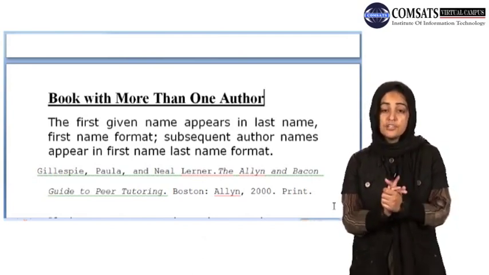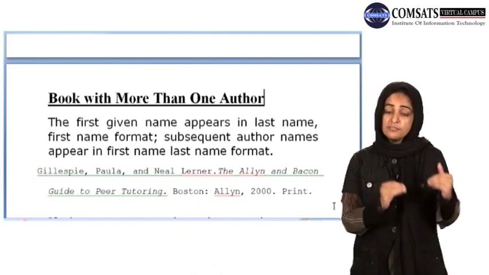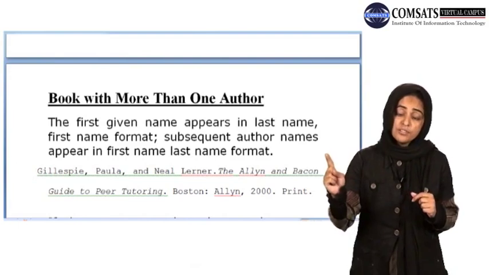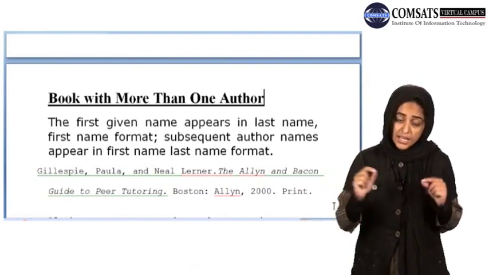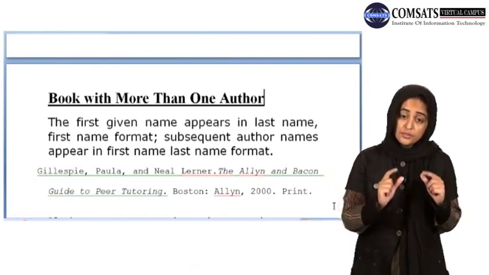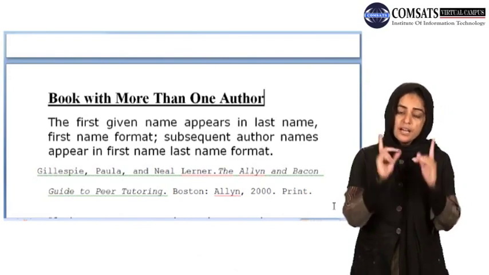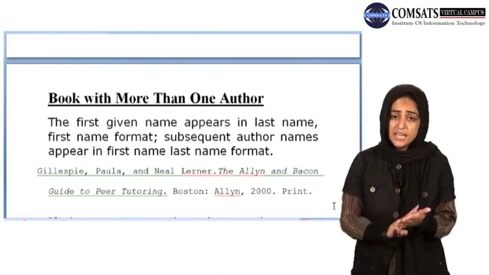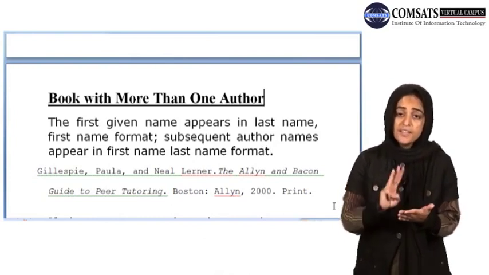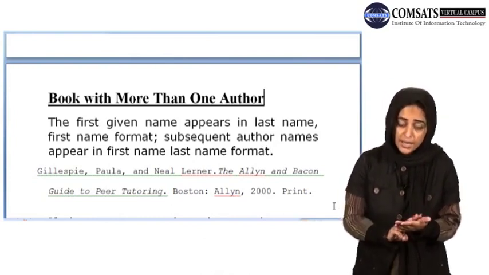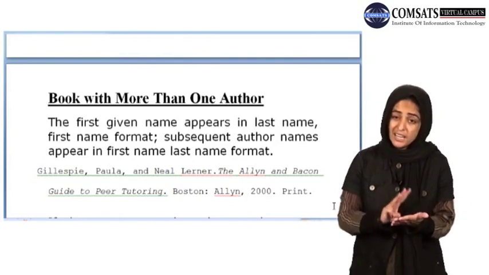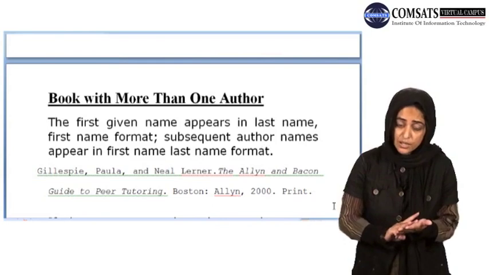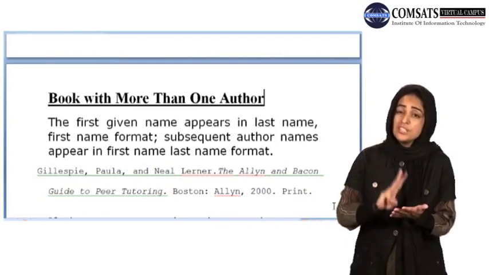That means if the first name on the title page of the book is Mr. A, here in the reference as well you will pick up Mr. A first. Again, I repeat, there are three writers, say Mr. A, Mr. B and Mr. C, where Mr. A is the first on the title page, Mr. B is the second, and Mr. C is the third.